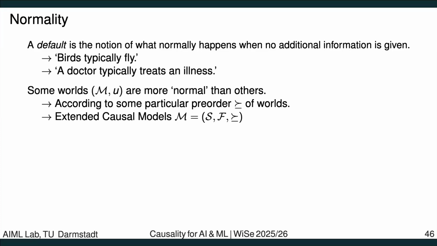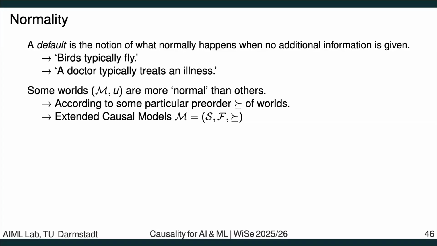So what this leads us to is that we can define a particular pre-order, which according to some sort of definition, and that's usually the thing people argue over, what is considered common or normal, because maybe everyone has a slightly different notion of that.